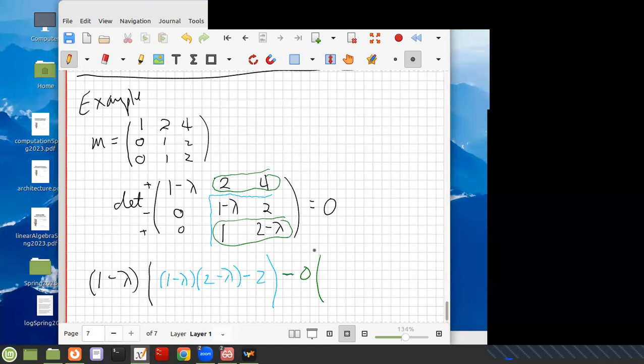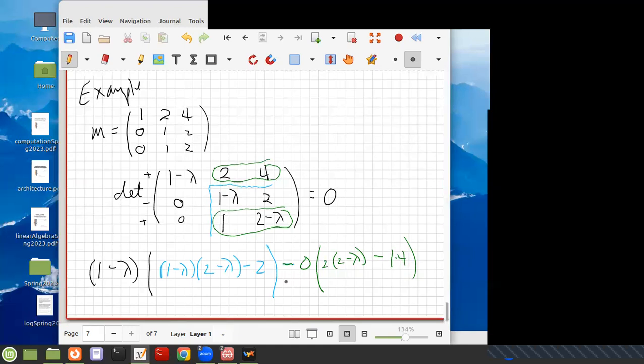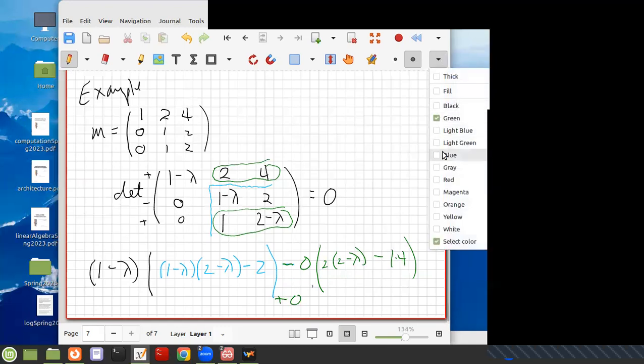So you can see 0 times 2 times 2 minus lambda. Of course, this is going to go to 0, but you can see 2 times 2 minus lambda times 1 times 4, right? And then we would do plus 0. Let me use a different color.